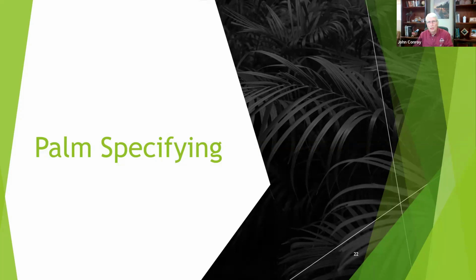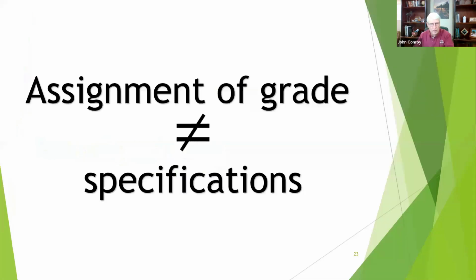Don't go on and dig a hole for yourself. You can create problems by doing so. The assignment of a grade does not equal specifications. And we know that specifications are contractual. Outside of the assignment of grade, the assignment of grade is based on standards.